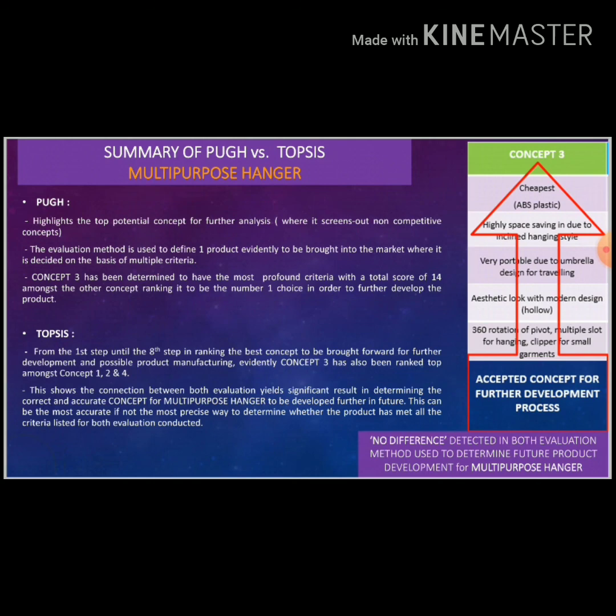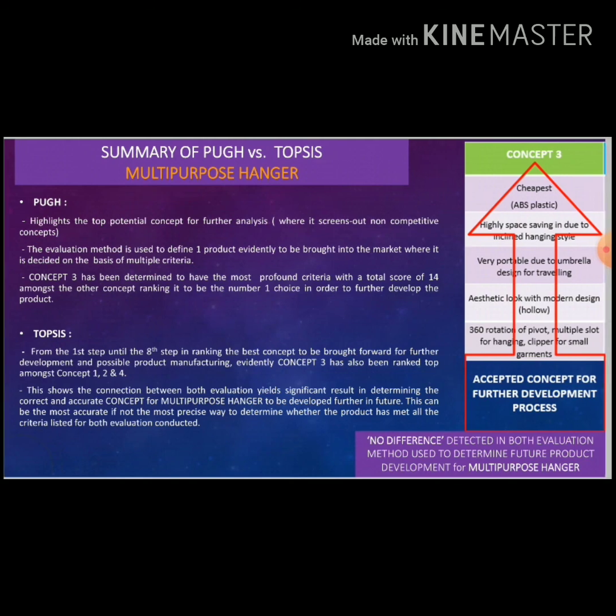And for sales margin, it has an aesthetic look with a modern design, embedded with the latest design of the hollow and 360 rotation of the pivot, multiple slots for hanging, and clippers for small garments. This supports the multi-functions of the modern multi-purpose hanger.